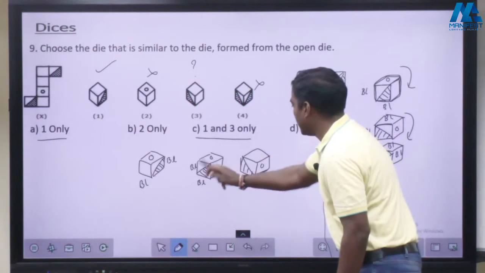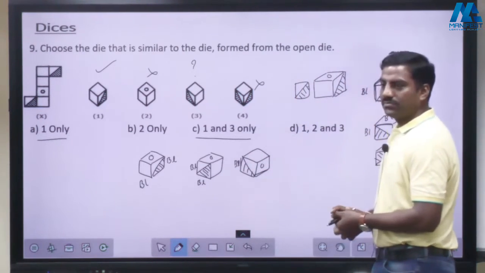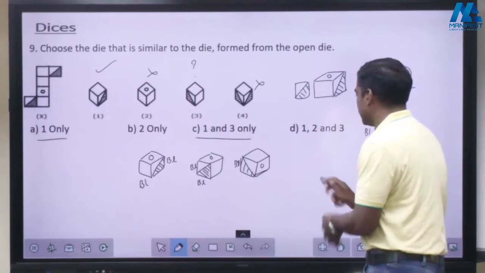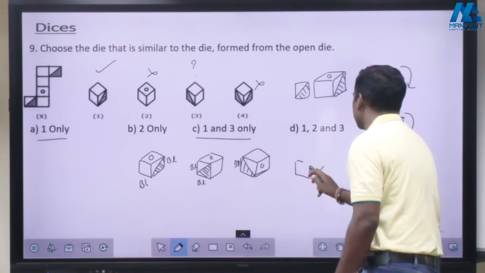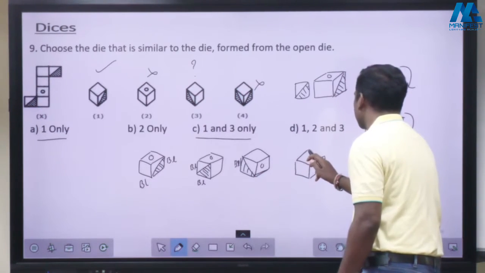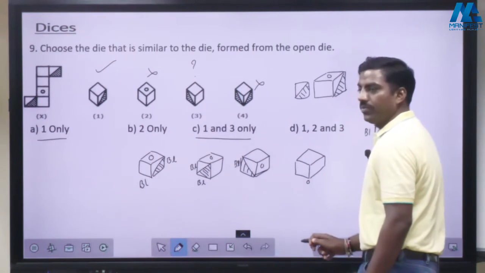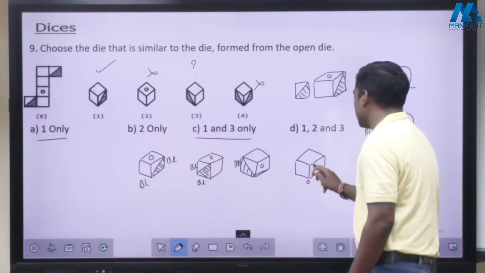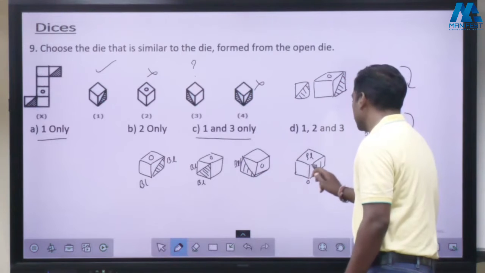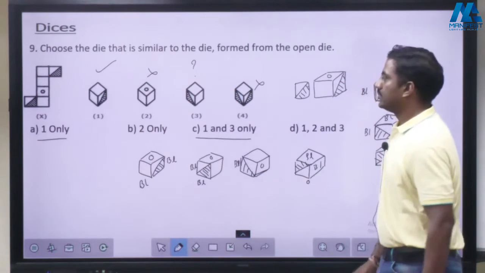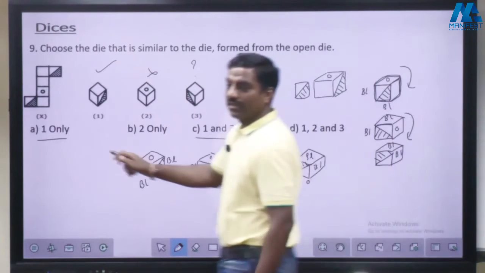Here blank is there. This blank has gone this side. Again topple like this. When you topple like this, the dot will go below. And this is blank anyways. And this will become like this. But this is not this. So the answer is definitely this.